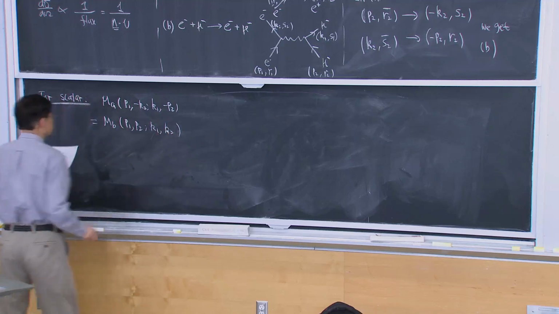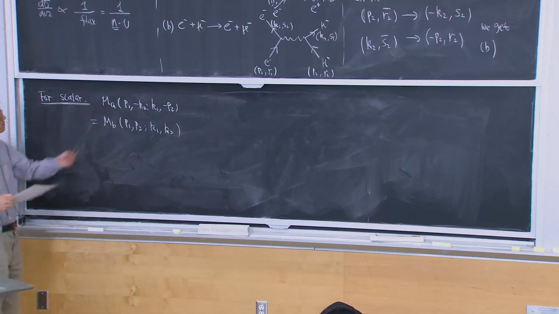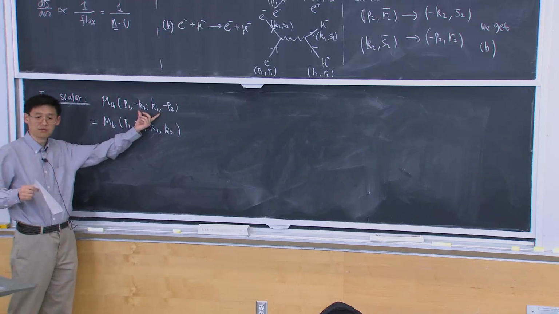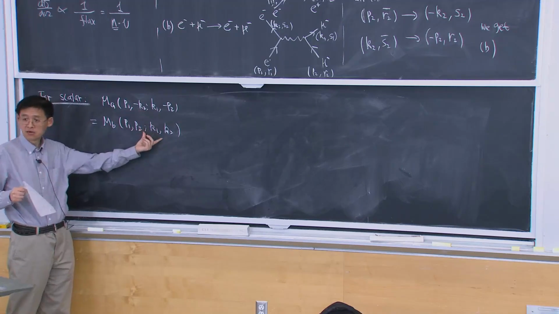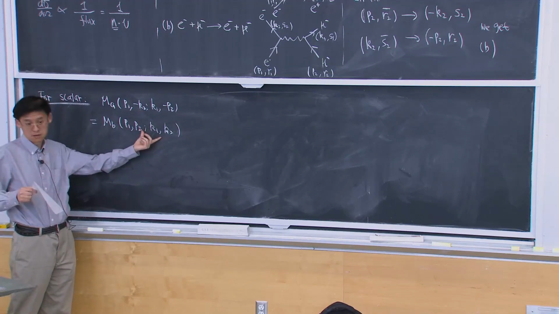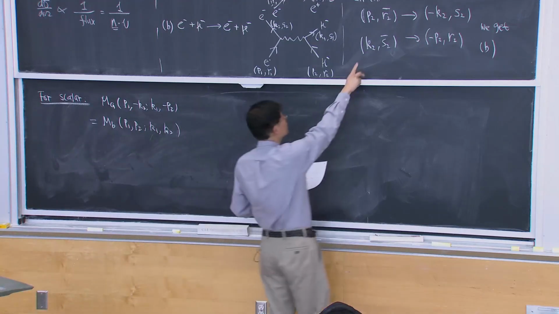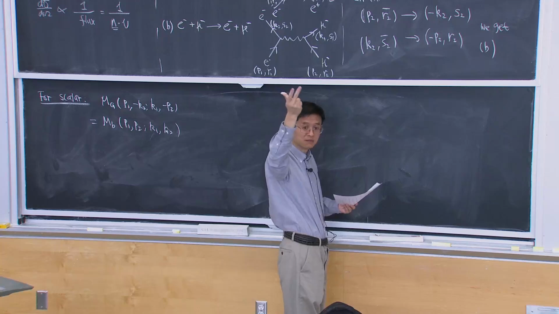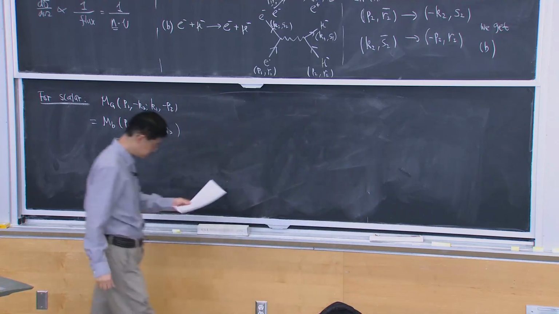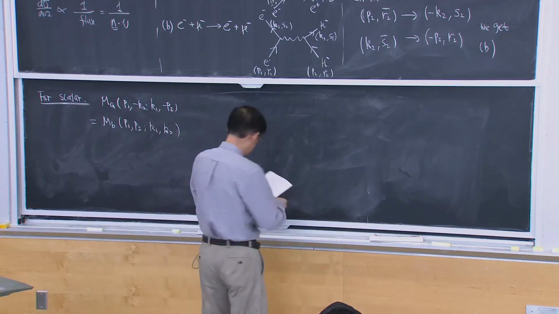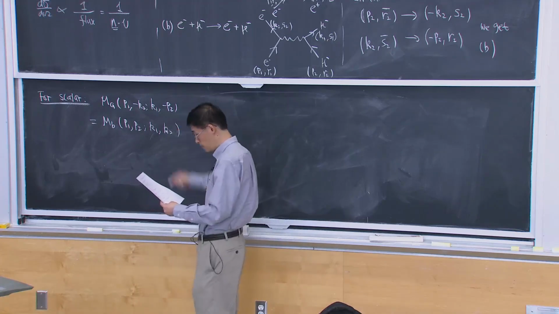So you just rename the momenta of your process A, and then you get the amplitude for B, because the only thing you need to do is exchange the names of the momenta. So then it will be trivially the same.